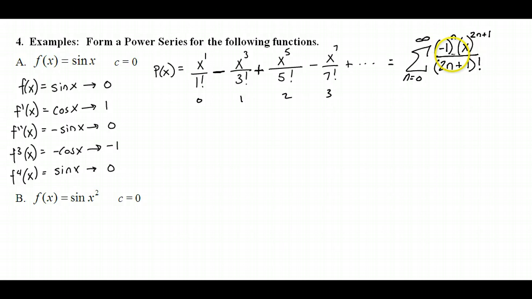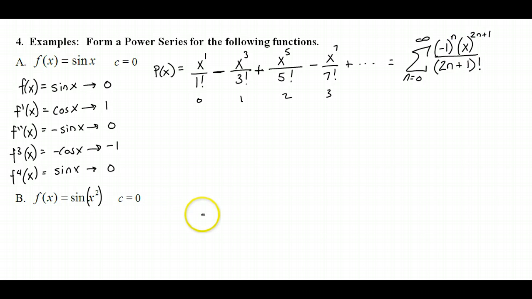Well, what's nice is that we already have this one established. So when I come down to letter B and I have sine x squared, this is not sine squared, it is just my x value squared. We can do what we did in the last examples. If I'm just changing the x, then I can go back to the most basic power series, and you can change just the x.